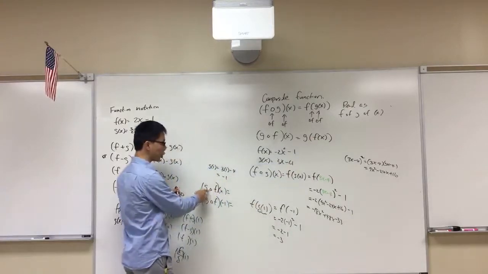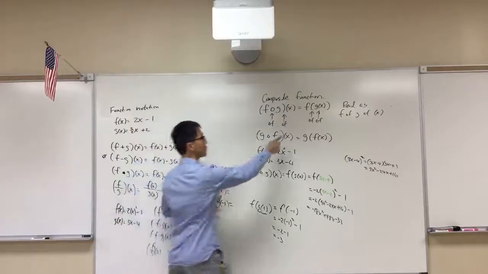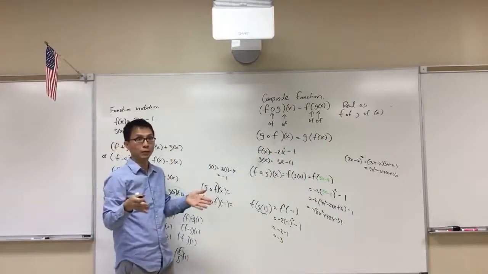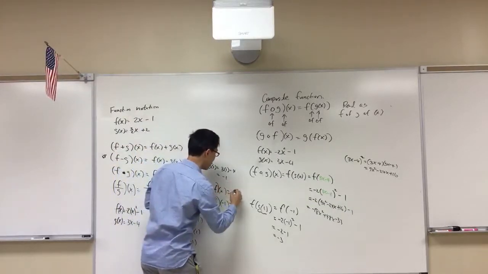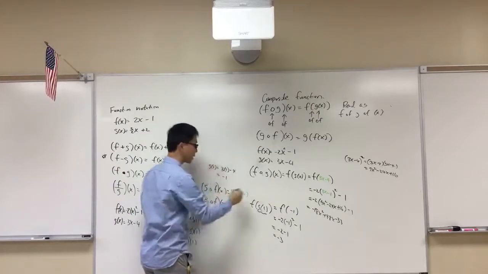If I have g of f of x, I will rewrite it into this form that's easier to tell, because I can tell what's inside and what's outside. So I'll say that's g of f of x. That's the first thing I will do.